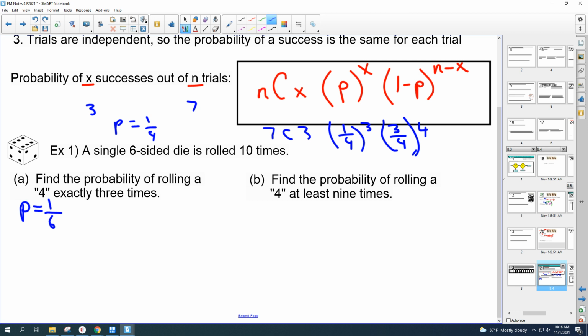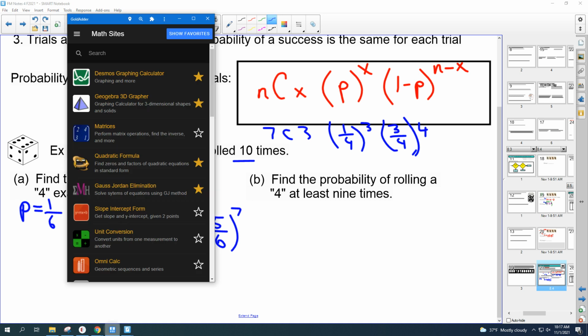So notice we've got 10 trials. We're rolling the thing 10 times. And so it's going to be 10 choose, we want exactly 3 times, so it's going to be 10 choose 3. That means we're going to roll a 4 3 times. So that probability of 1/6 is going to happen 3 times. The other thing must happen 7 times. So that's it.